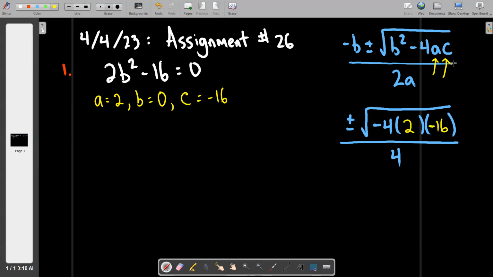Yeah. So what is 4 times 2? Yeah, just 8. And then 8 times 16. Good. So where we currently sit with our quadratic formula is we have, I'm going to come work over here for a minute, plus or minus the root of 128, divided by 4. Going to pause this real quick.